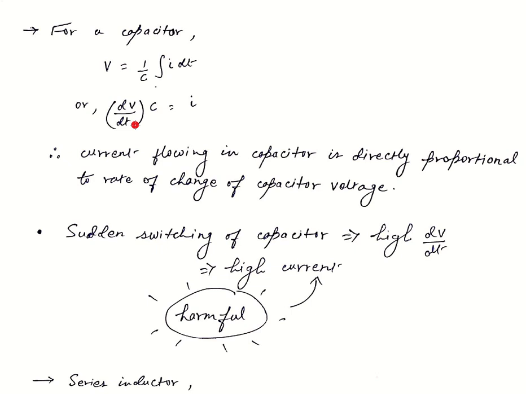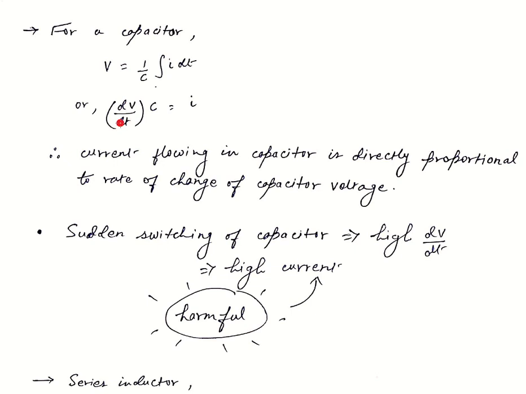This would mean if we switch on a capacitor bank in our power system network, the sudden voltage application will tend to make the capacitor current very high. If we switch on the capacitor bank suddenly, this dV by dt will be high.